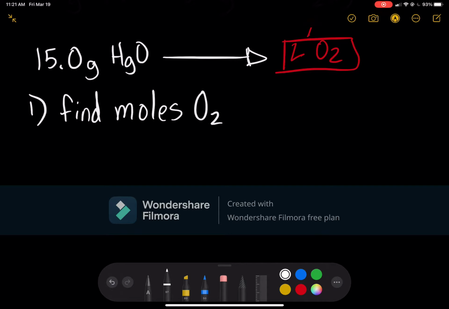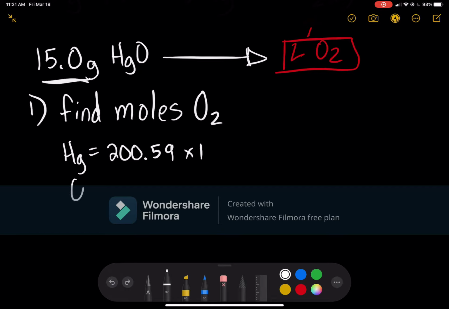So we know that obviously we have 15.0 grams HgO. We need to find the molar mass of HgO. So Hg has a molar mass of 200.59, and there's only one atom, no subscript here.